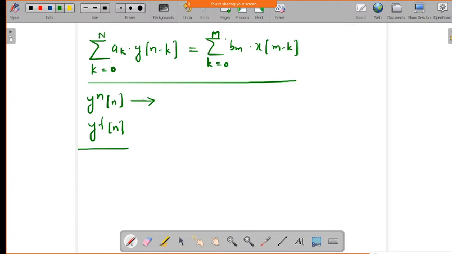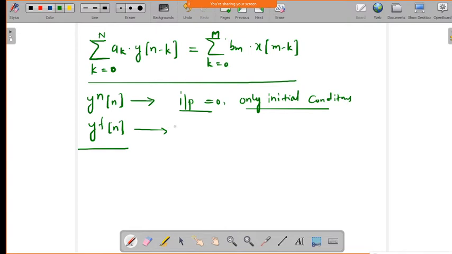The input is 0, so whatever input you take is 0 and you apply only initial conditions. The system output due to only the initial condition is called the natural response, like in continuous time. This is also in discrete time format.